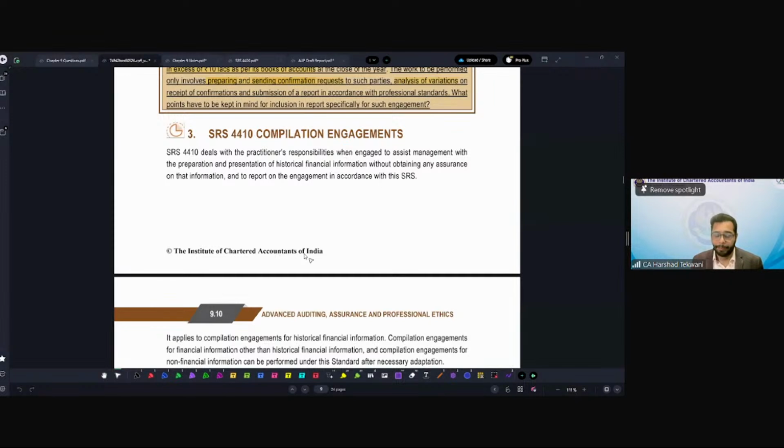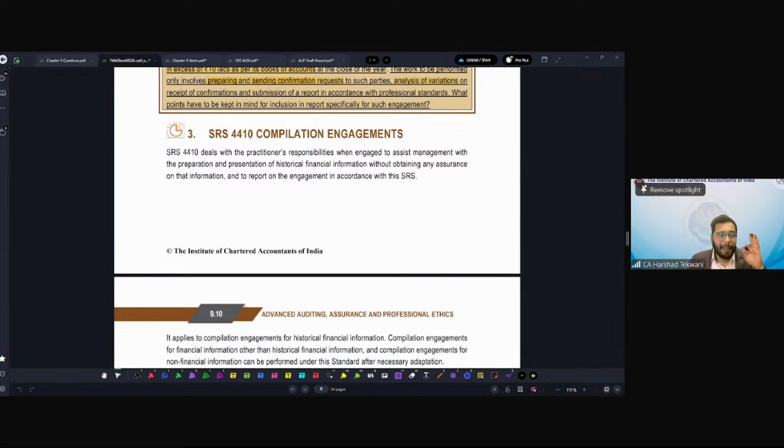Okay, so we were at the compilation engagement. As I told you, in a nutshell, a compilation engagement is an engagement where you assist management in preparation and presentation of the financial information under the financial reporting framework.